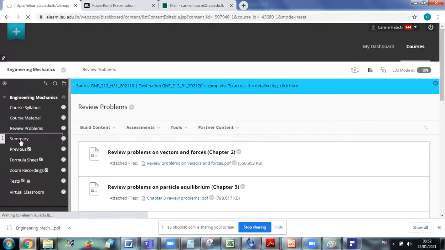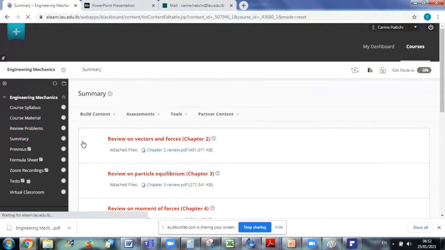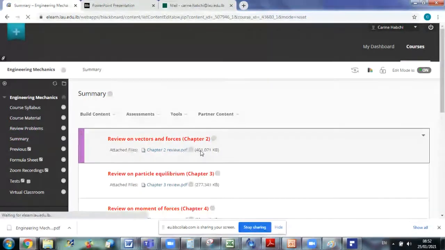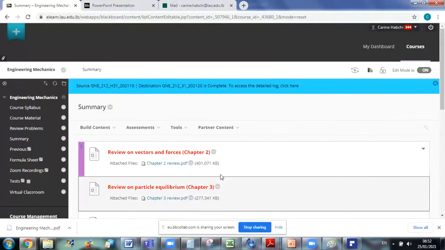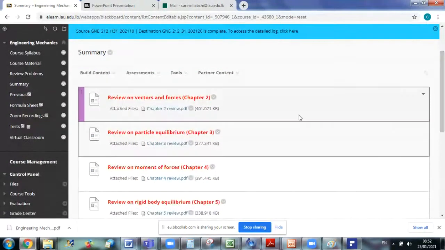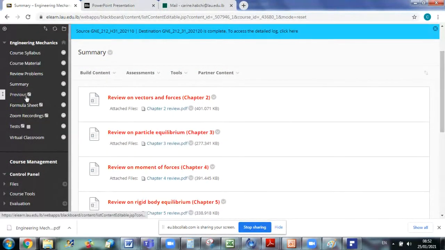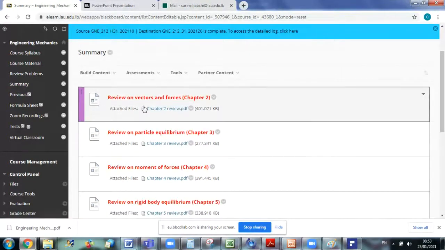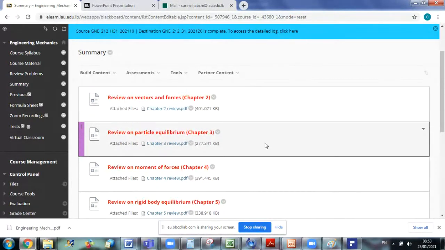And for each chapter also, you sometimes have a summary sheet, which will tell you what the most important ideas in each chapter are. And after, I will post previews so you can practice for the exam. Okay, so these are mainly the main components on Blackboard. And if we add anything, I will update you.